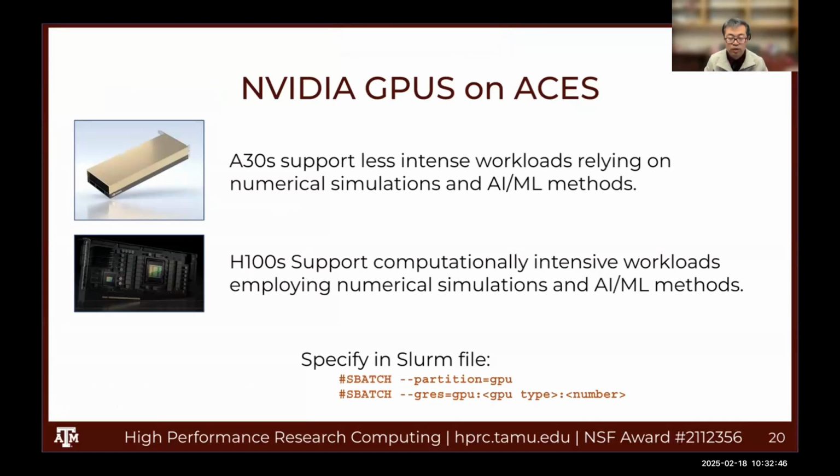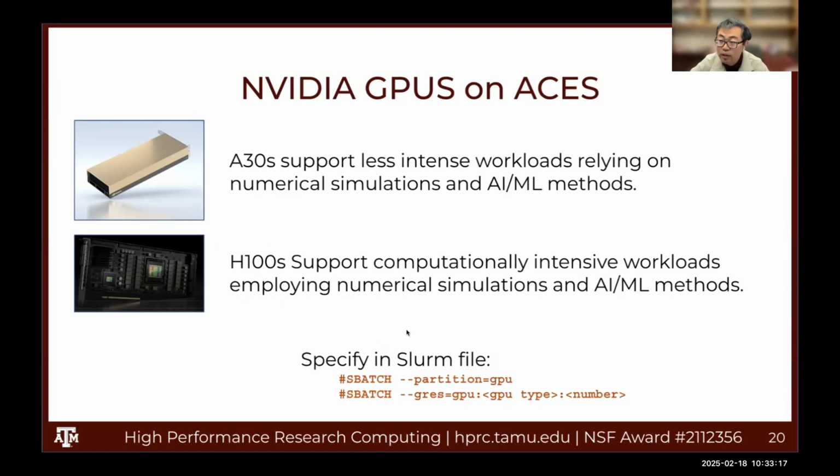For NVIDIA, we also have 30 NVIDIA H100 GPUs. It is computationally powerful, so it supports intensive workloads, for example very computing-intensive numerical simulations and AI/ML model training. So you can try to use the H100 GPUs as well.